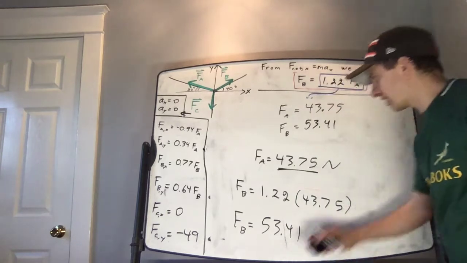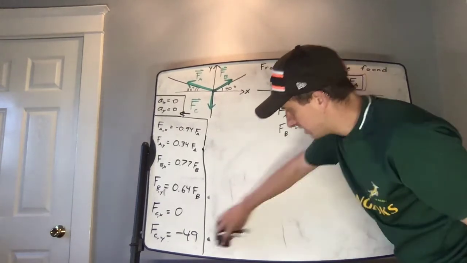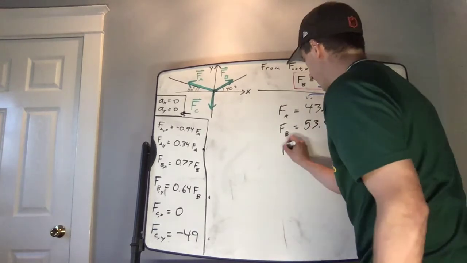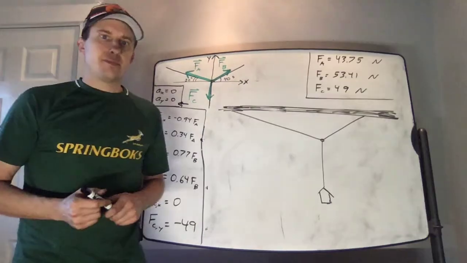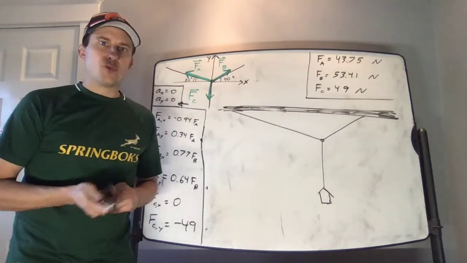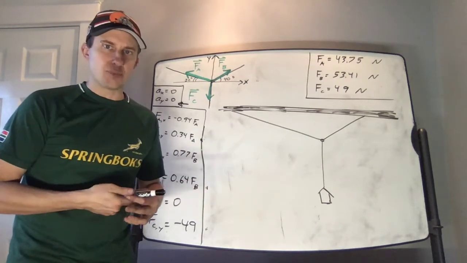And the force of tension in cable C we found way back at the beginning of this problem as 49 newtons. So FC is 49 newtons. So at this point in the problem, we are done. We have found the tension in the 3 ropes that are holding up the birdhouse.